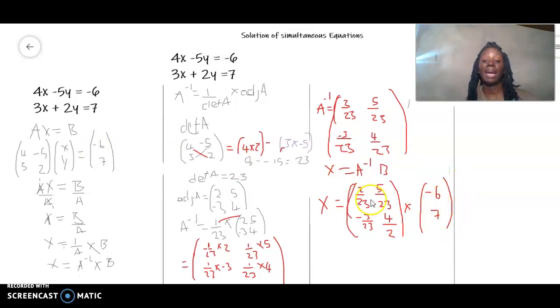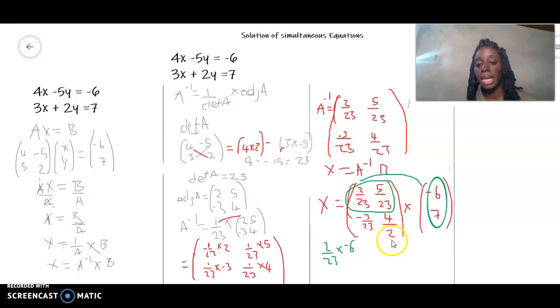So at this point, we'll be applying matrix multiplication. I will use the elements of the first row and multiply those elements by this column. So it simply means that I would multiply 2 over 23 times -6, first element with first element, right?